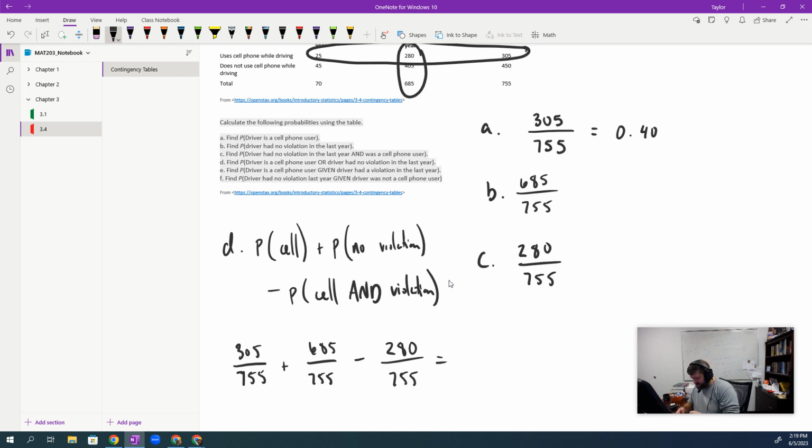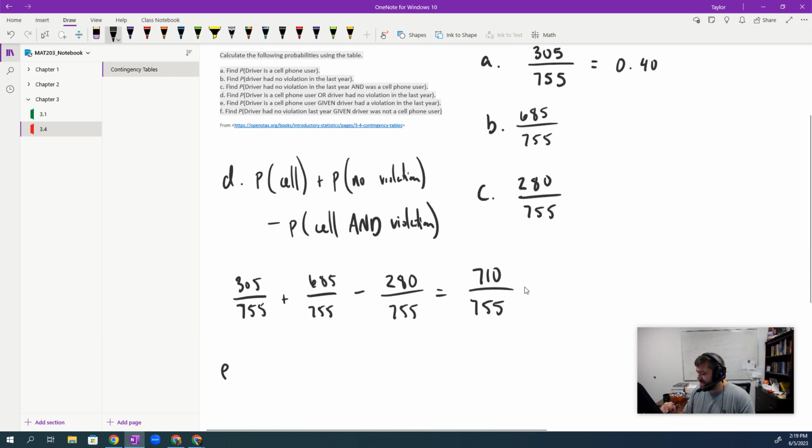And what is that? 305 plus 685 minus 280 is 710. So we have 710 out of 755. And of course, I was able to add up all of those numerators directly because all of the denominators were the same, right? Can't add or subtract fractions without a common denominator. Luckily for us, we already had a common denominator.